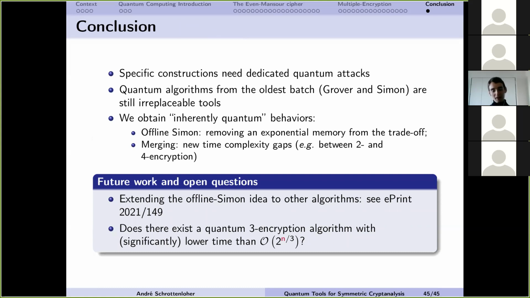With the offline Simon's algorithm, this is a more generic idea that you can apply to other settings. We have been working on this with Paul Frixon, and there is an e-print now on that.